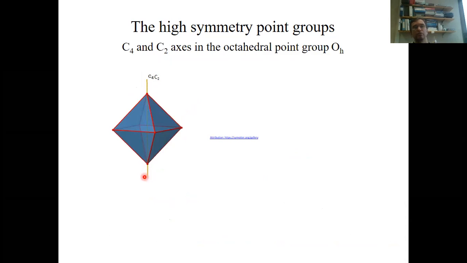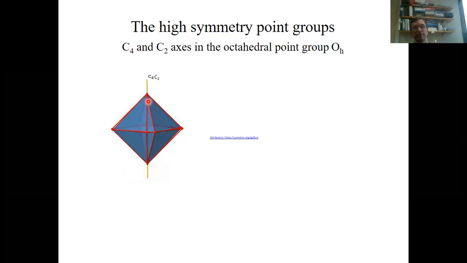So we can ask, well, how many of these symmetry elements would we expect? Well, our octahedron has how many vertices? Well, it has 1, 2, 3, 4, 5, 6. Therefore, we would expect 6 over 2 is equal to 3 C4 axes.